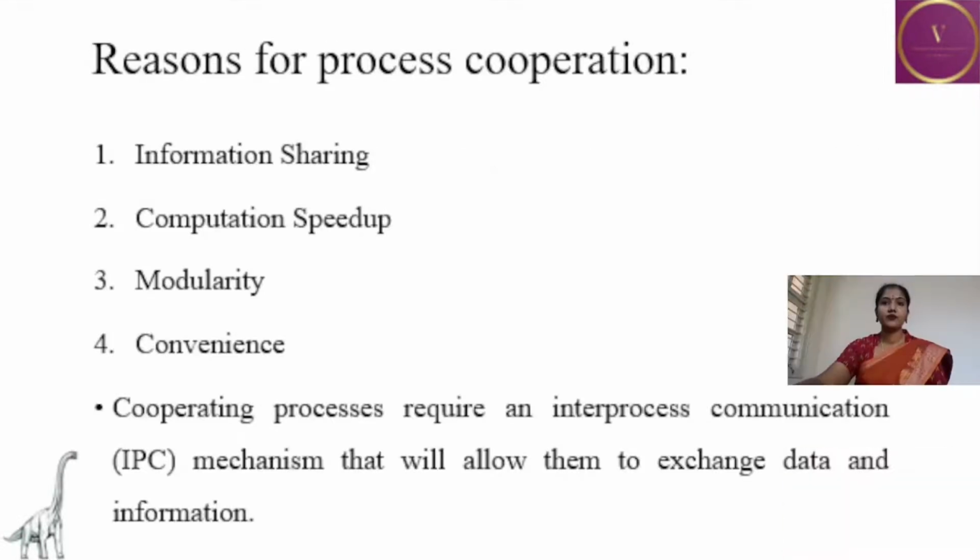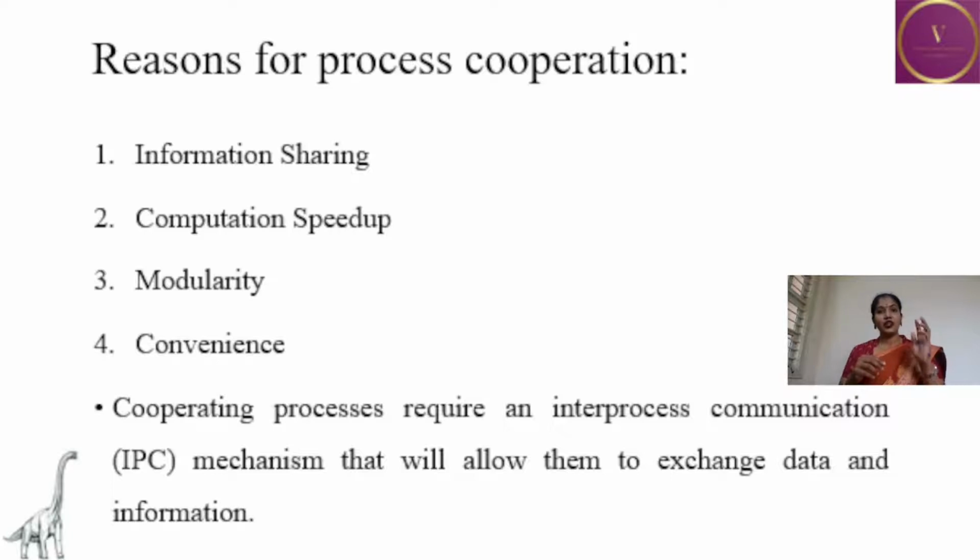Reasons for process cooperation. There are several reasons, and the first main reason is information sharing. There are several users who are trying to access the same piece of information, say for example a shared file, at the same time.